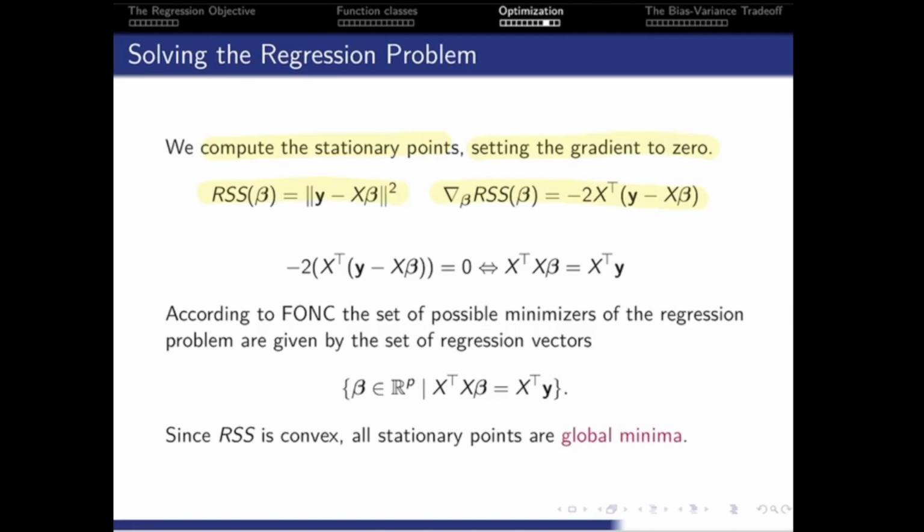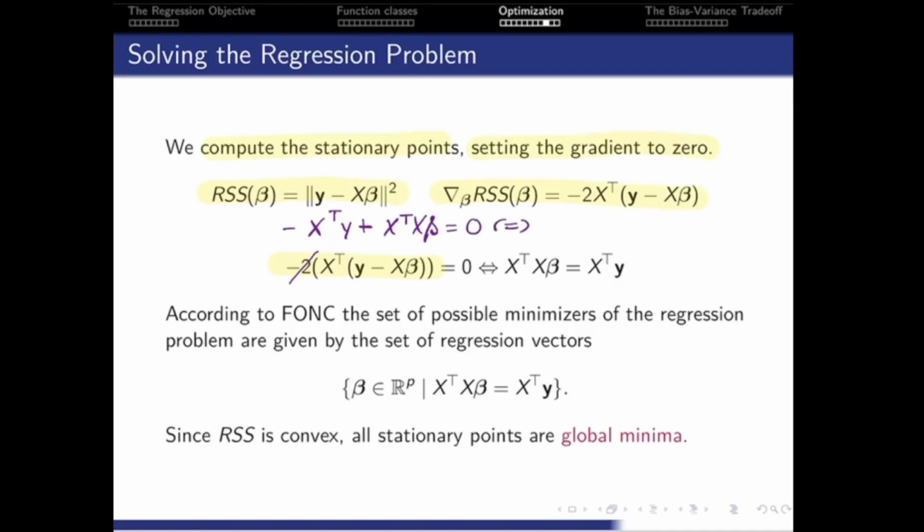So we now set this gradient to 0, and then we have minus 2 times X transpose times (y minus X beta) is equal to 0. What we do then is divide by 2, so the 2 falls away from this equation. Then we apply distributivity. So we have minus X transpose times y, minus times minus is plus X transpose times X beta, is equal to 0.